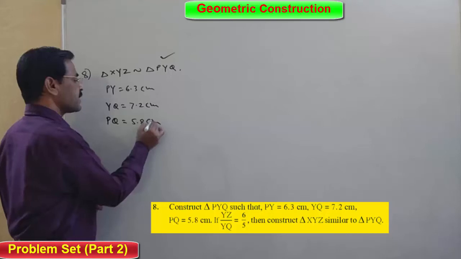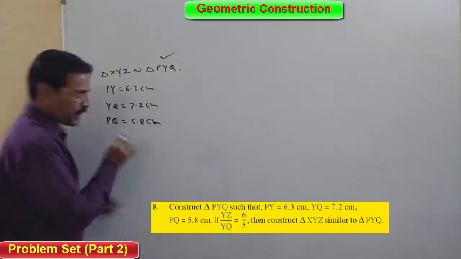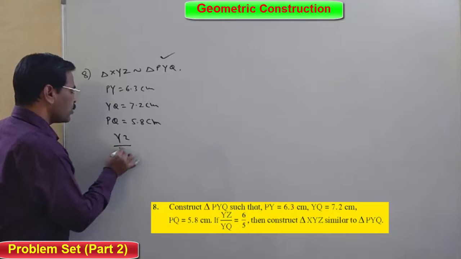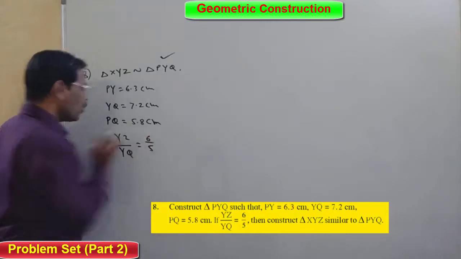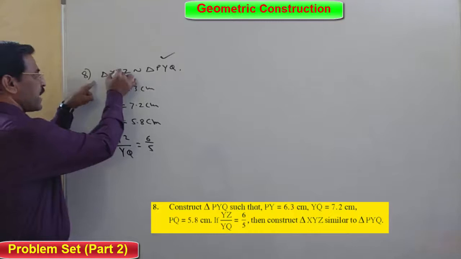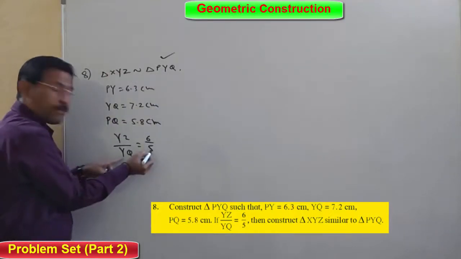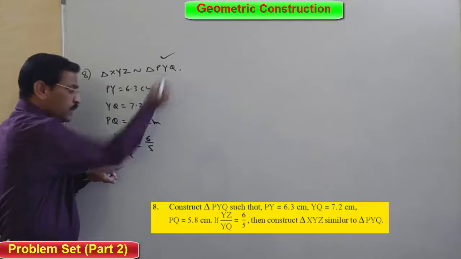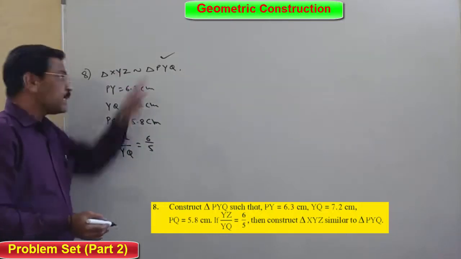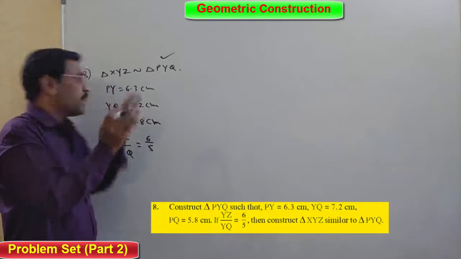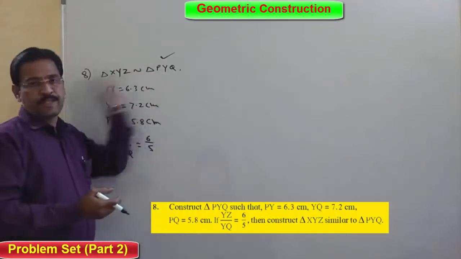Means all sides of PYQ are given. Again, that ratio is also given, YZ to YQ, that is 6:5. Look friends, YZ means of this triangle, YQ means of this triangle, means there are 5 parts of this triangle which is equal to 6 parts of this one. Okay, means this triangle will come smaller and this XYZ will come larger according to this one.